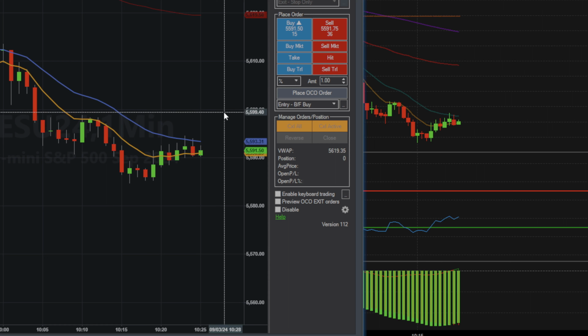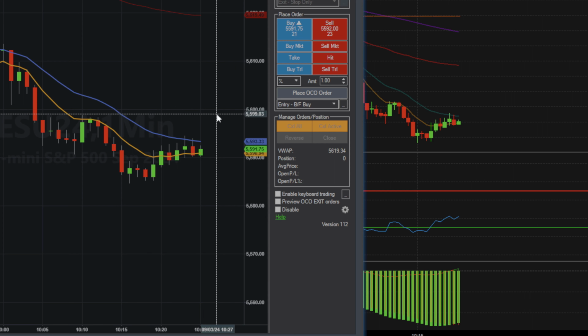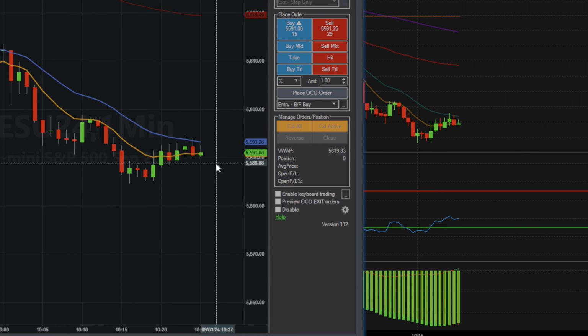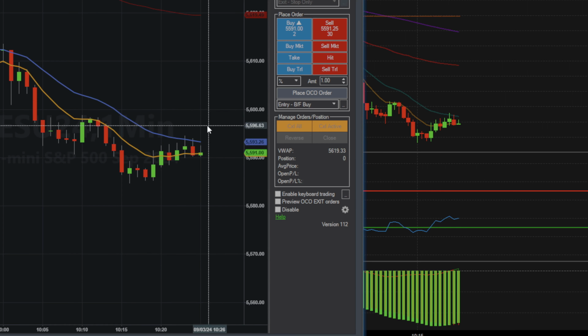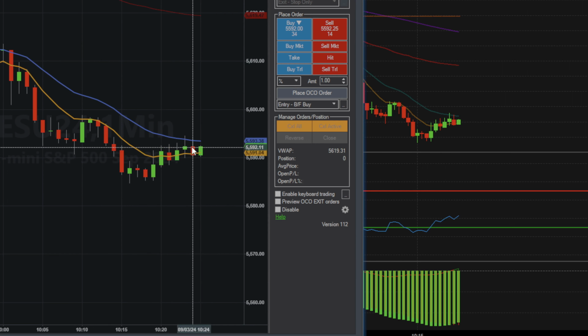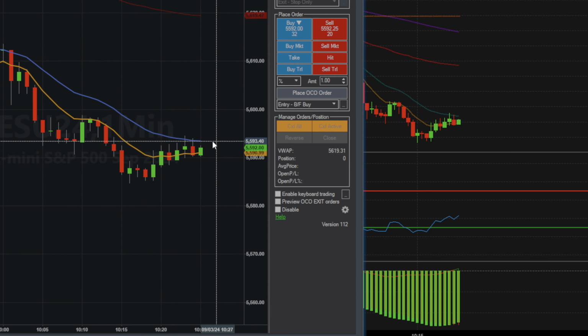We get a run up toward that 5,600 area, and then we can potentially see it drop off there. If we don't get the drop and it keeps running, we'll see that 9 cross over the 20. Then we've got a nice little gap here to the VWAP, so we can play it to the long side here. But we got to sit back and be patient, see what it does as it's kind of bouncing off the 9 and 20 here, trying to pick its next direction in the market.